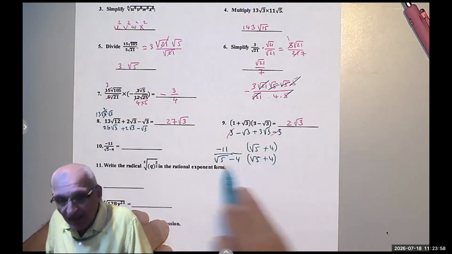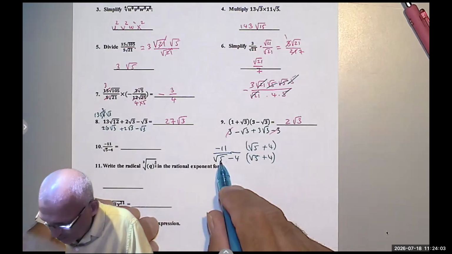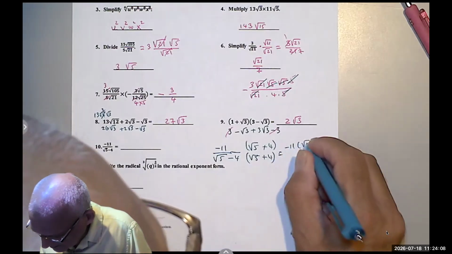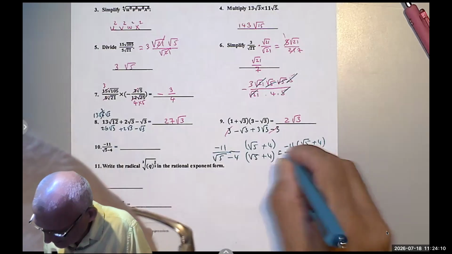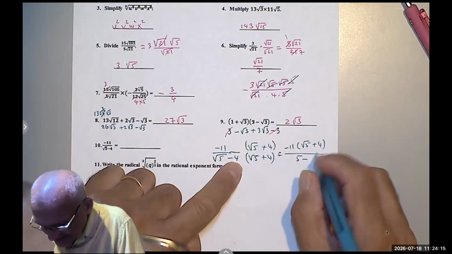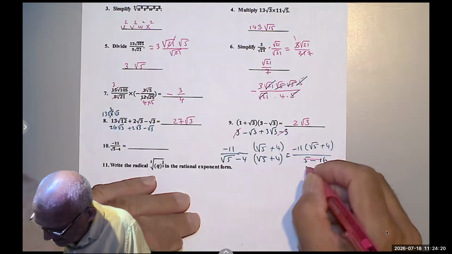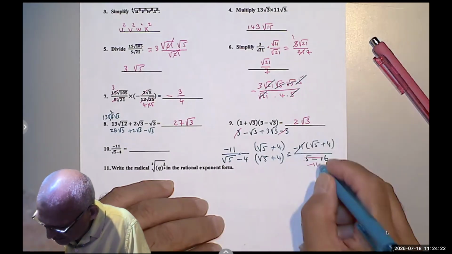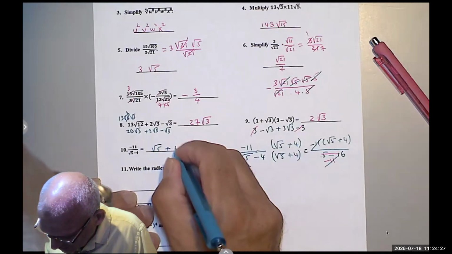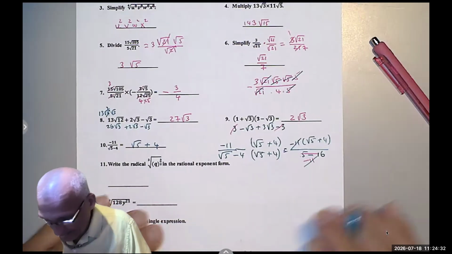Do you see the bottom is a minus b times a plus b, which means a square, which is 5, minus b square, which is 16. And 5 minus 16 is negative 11, and negative 11 cancels with negative 11, and you get square root of 5 plus 4. Okay?